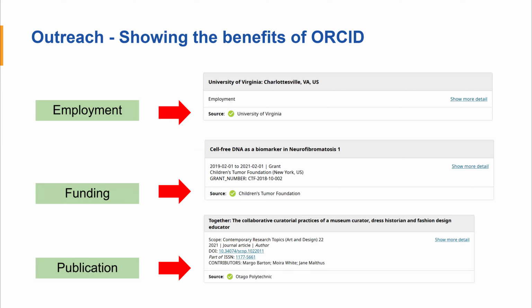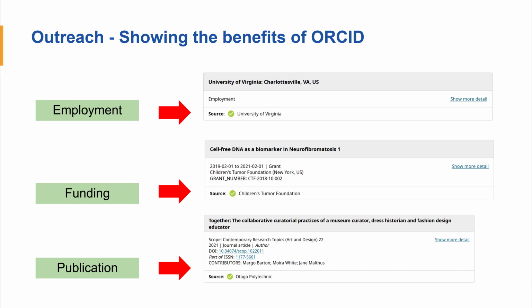Another thing is that if you are writing data to ORCID, that's a big benefit to show to your researchers. This makes it easier for them, since you're sending employment information, for example. Say you're a funder and you want to push funding information to somebody's ORCID record, so they don't have to manually enter it.